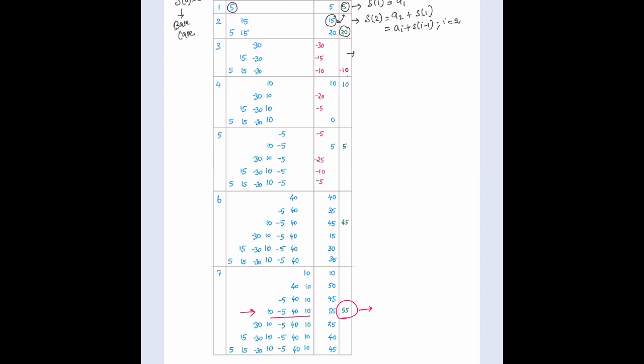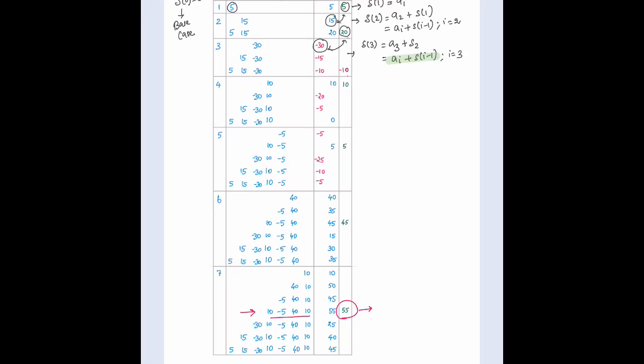Moving on to the next one, S of 3. We can arrive at this again by adding A3 along with S2. So our initial statement Ai plus S of i minus 1 holds true here. Here i is equal to 3. It looks like we have arrived at our recursive logic.